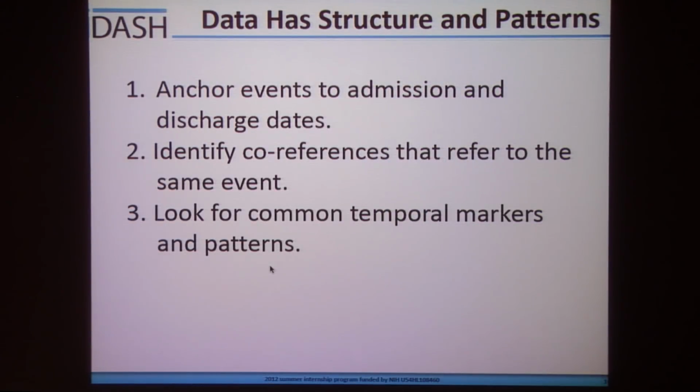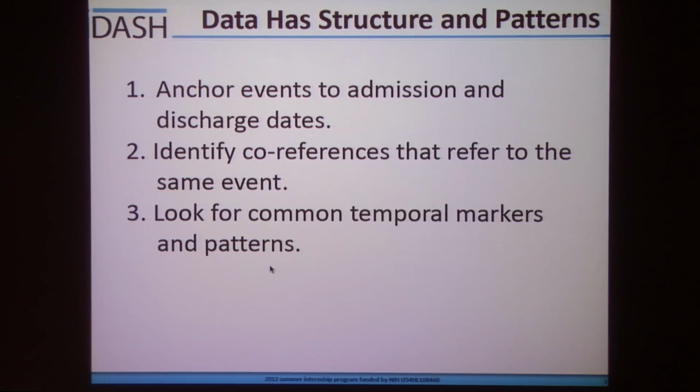And so we took advantage of the limited structure that is in the data and the patterns that occur in natural language to create 3 parallel rule-based systems. So the first one helps to anchor events to the admission and discharge dates. The second one attempts to identify possible co-references, so words that are probably referring to the same event, even though they're mentioned in different places.